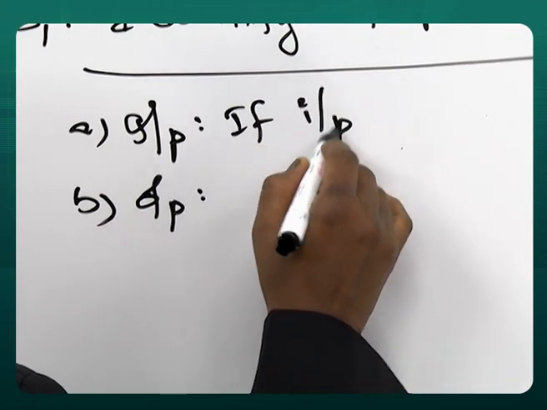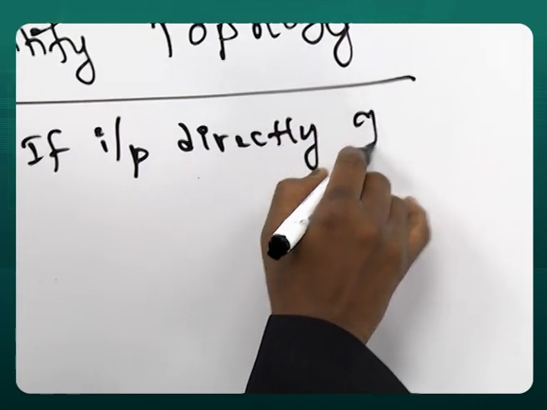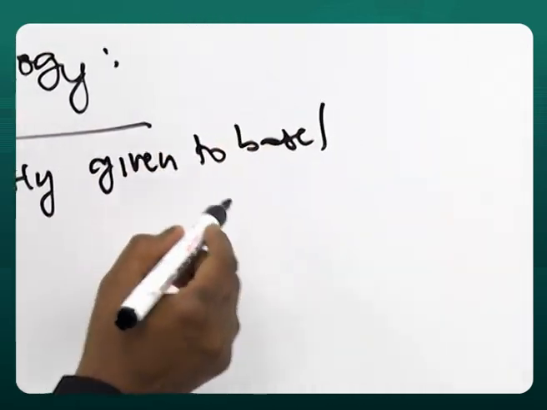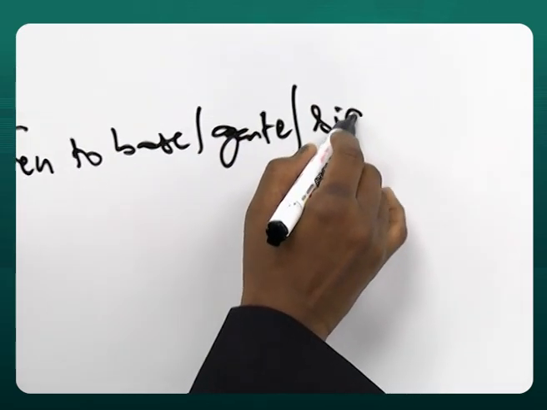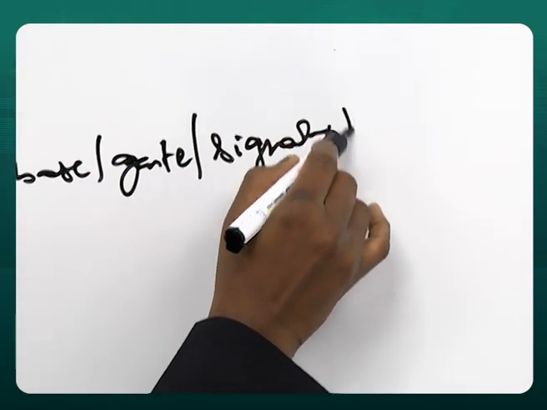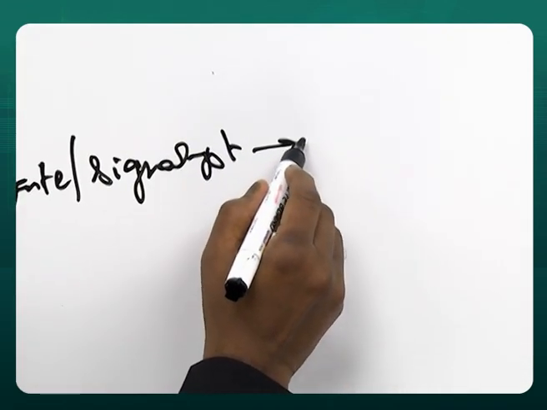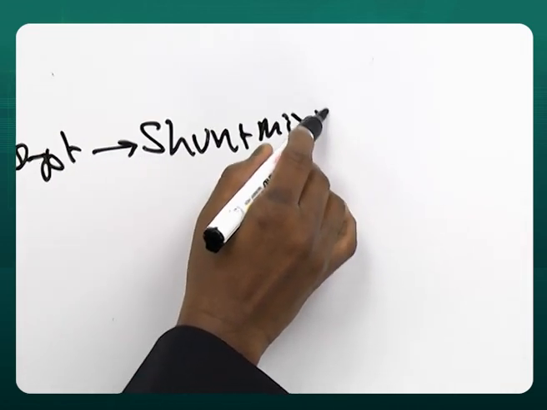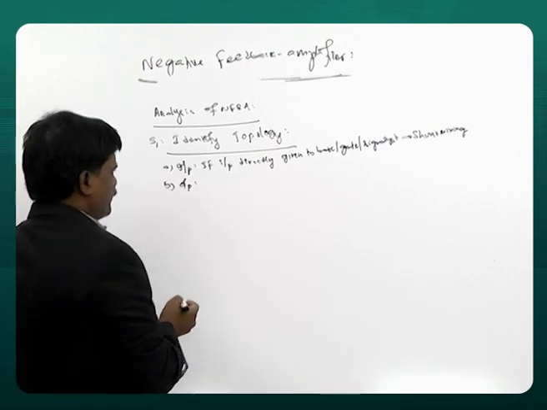If input is directly given to base or gate or signal point, then it is shunt mixing.